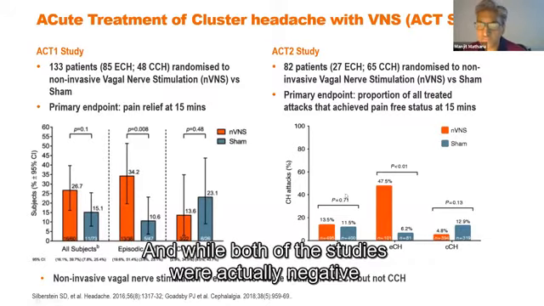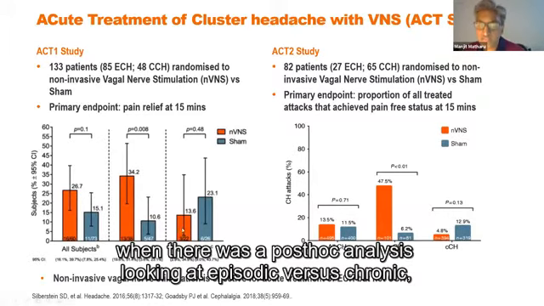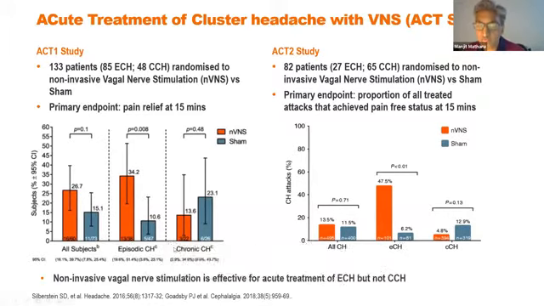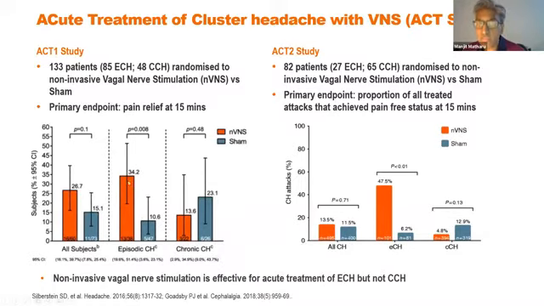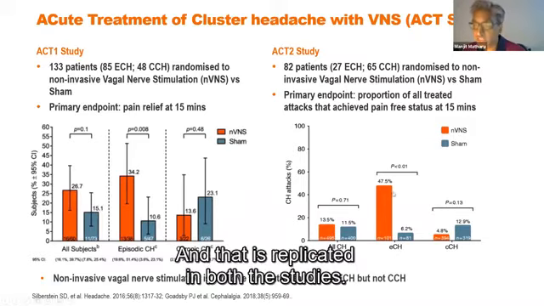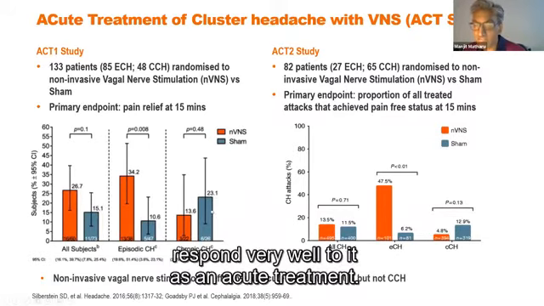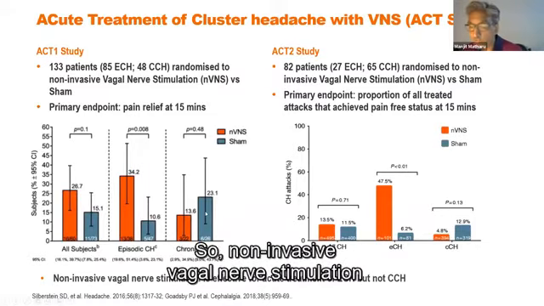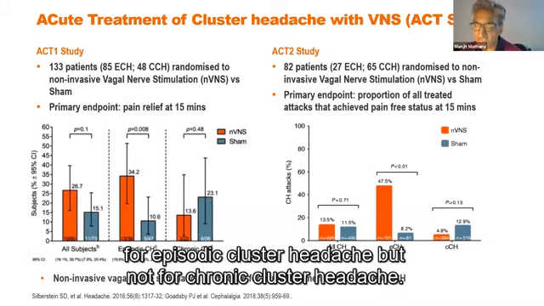And while both of the studies were actually negative for the primary endpoint, when there was a post-hoc analysis looking at episodic versus chronic, what emerged is that about a third of the patients who have episodic cluster headaches are responders as an acute treatment, and that is replicated in both the studies, whereas chronic cluster headache doesn't tend to respond very well as an acute treatment. So non-invasive vagal nerve stimulation is effective and something that can be used as an acute treatment for episodic cluster headache, but not chronic cluster headache.